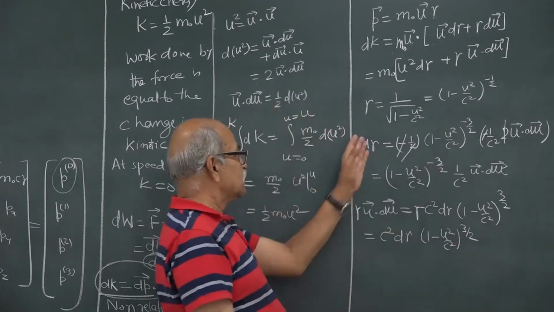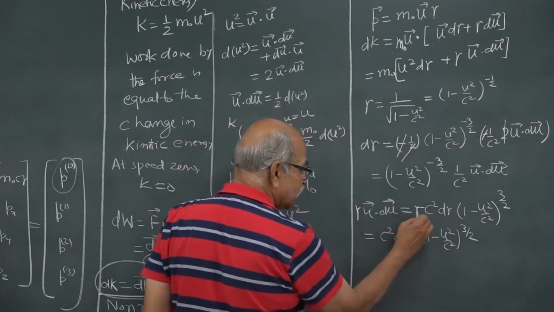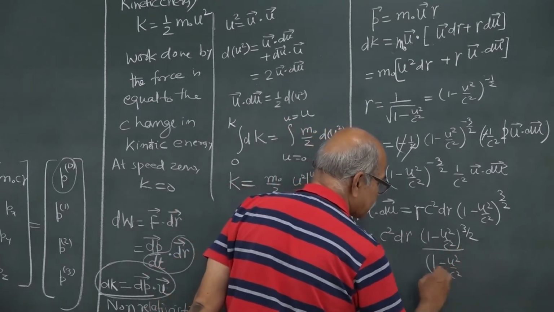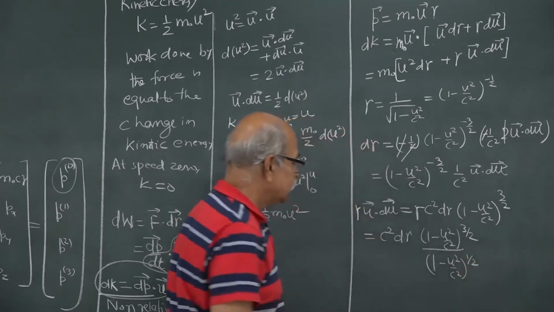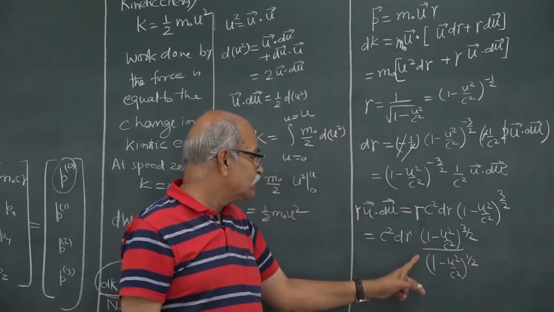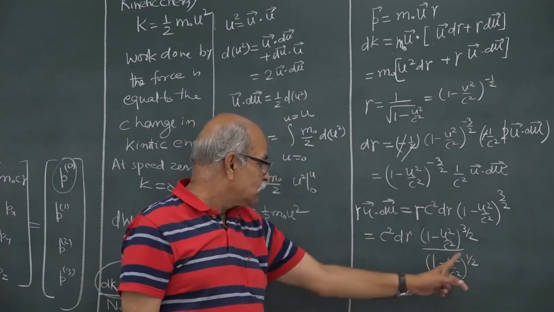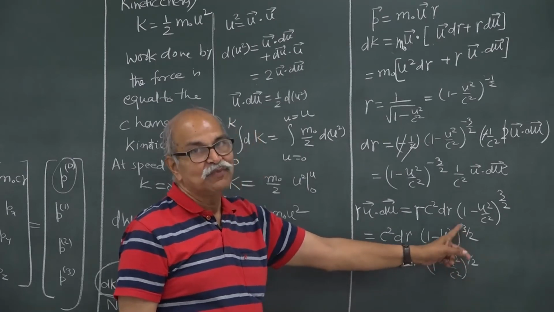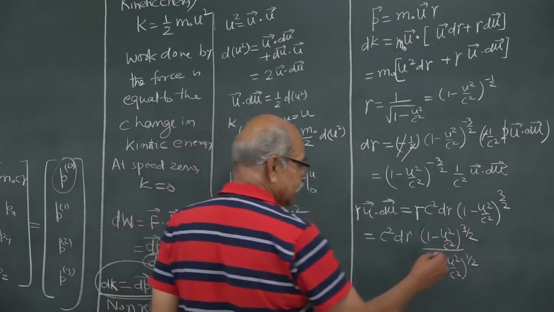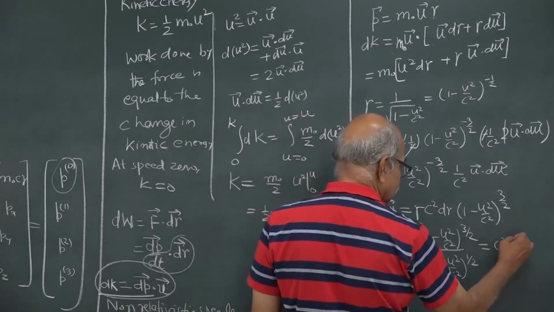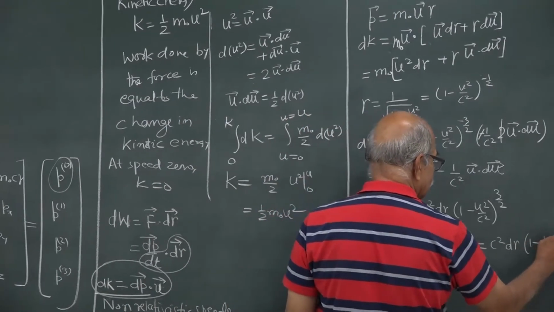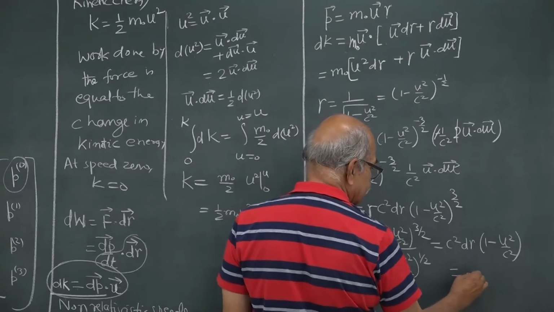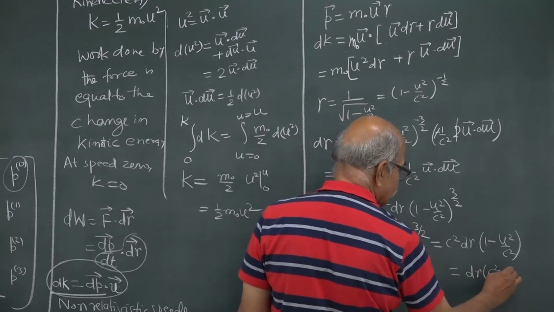And this gamma is 1 divided by square root of 1 minus u square by c square, so this half power and this 3 by 2 power will simplify. It is c square d gamma times 1 minus u square by c square. Take this c square inside, it is d gamma times c square minus u square.